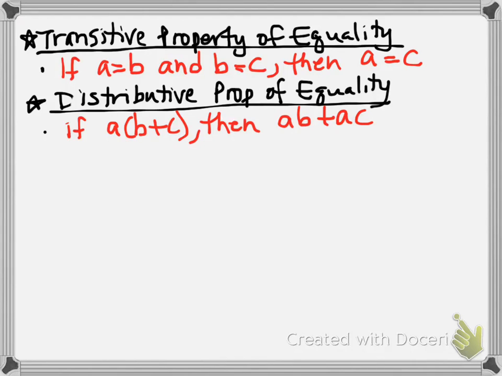Now, 3 of these properties can also overlap and be used with objects. So now this next category is properties of congruence. So I'm going to actually change colors altogether.